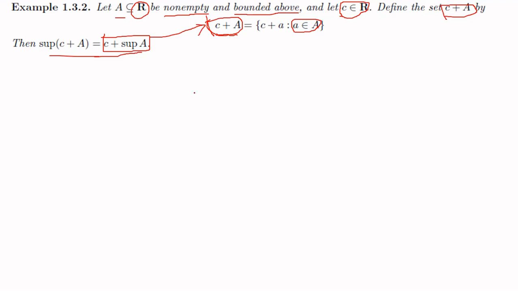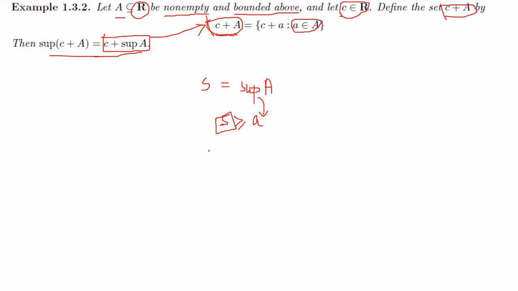Just to remind you of the definition of supremum, a real number S is called the supremum of the set A if S is greater than or equal to every element of the set. That means S should be an upper bound.